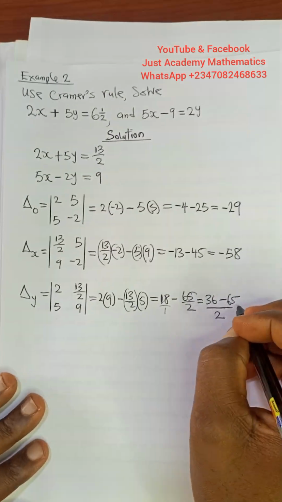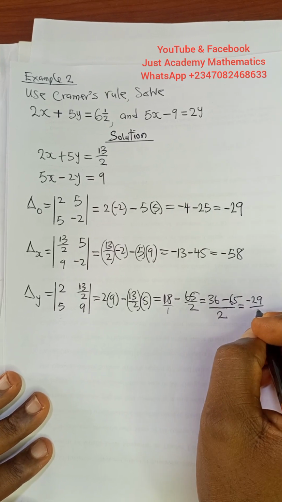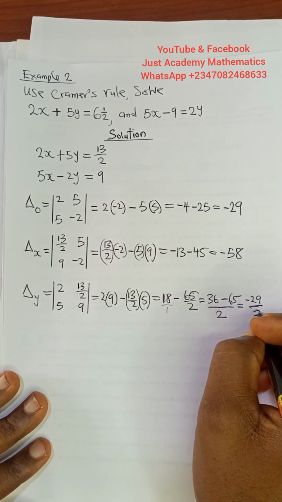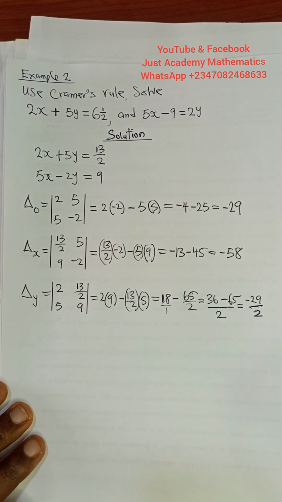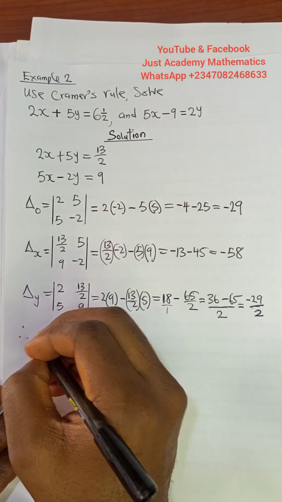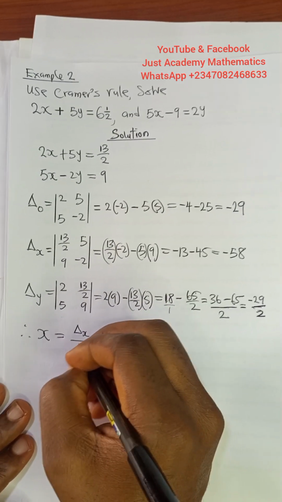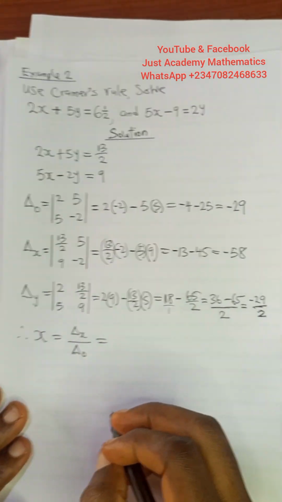That is actually the final answer for change in y. Minus 29 over 2. So with that, we can now find the value of x. Therefore, x is equal to change in x over change in 0. And what is change in x?